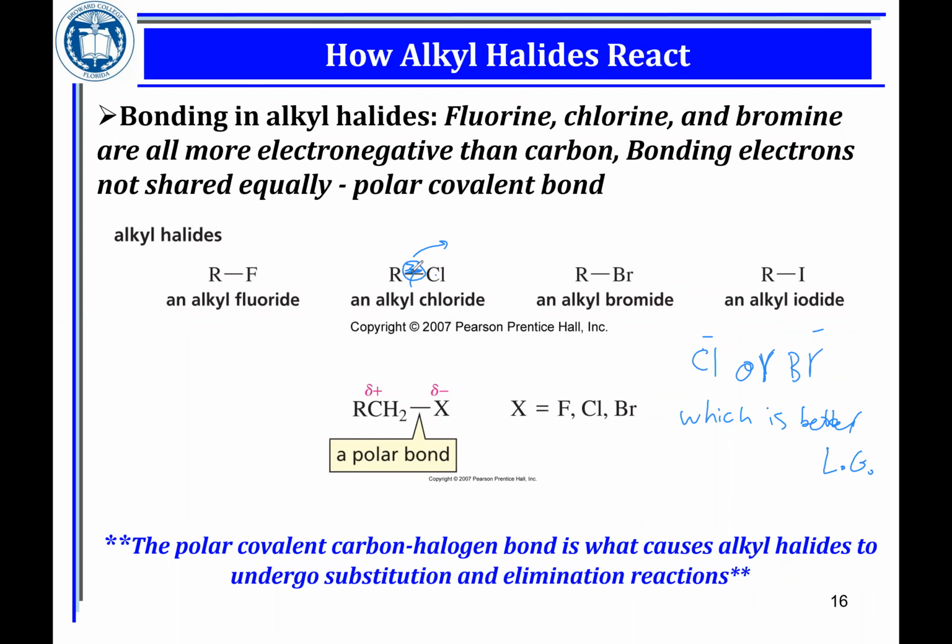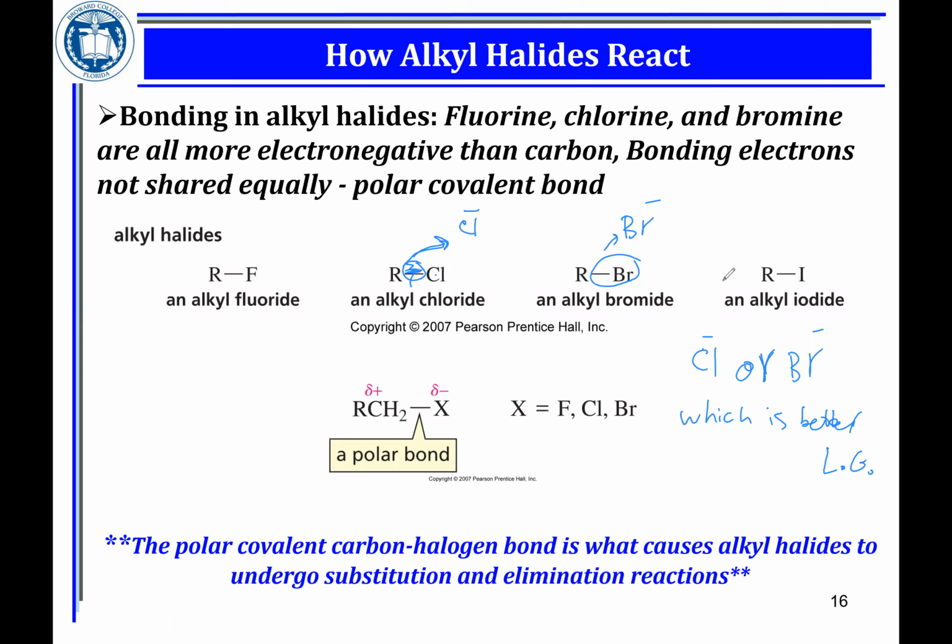This cleavage is going to be heterolytic cleavage. That means it's going to leave as Cl minus or Br minus. So it's going to take the pair of electrons and leave. Now, if it's taking the pair of electrons, it has to be concerned about carrying that pair of electrons.